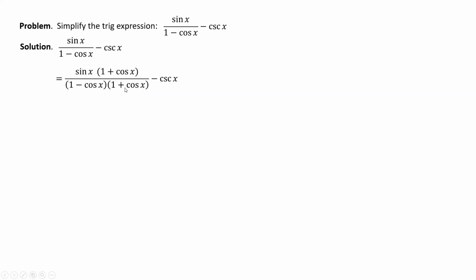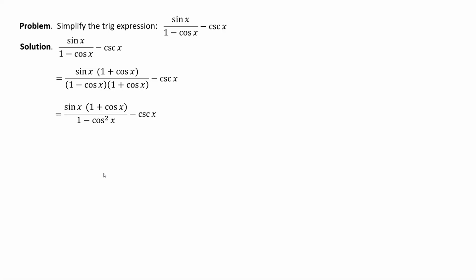A minus b times a plus b is a square minus b square. Earlier we used it the reverse way. We had a square minus b square, which we wrote as a plus b times a minus b. But here we have a minus b times a plus b, which we will write as a square minus b square. That is 1 minus cosine square x in the denominator.